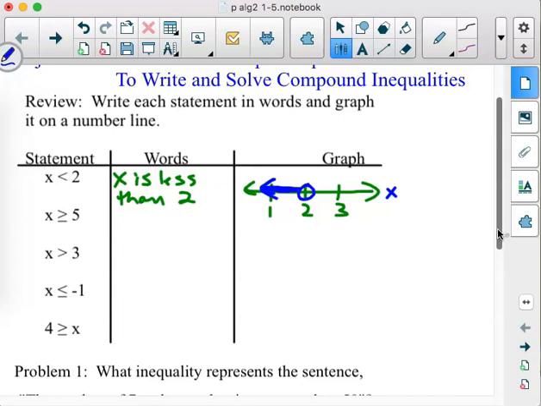X is greater than or equal to 5. Whoops, I need to spell greater, right? Greater than or equal to 5. So my number line, maybe I'll do 4, 5, 6.